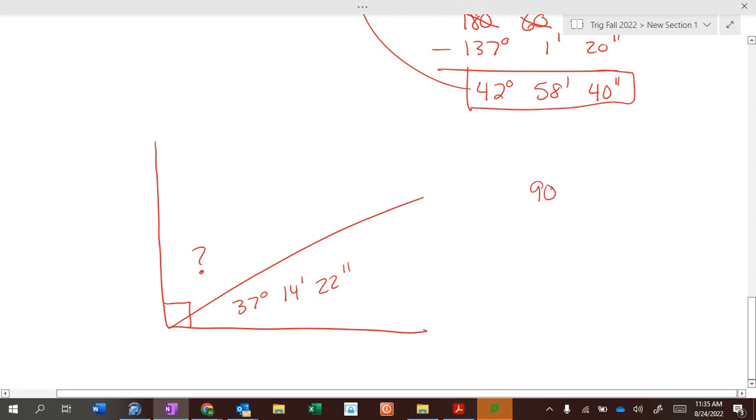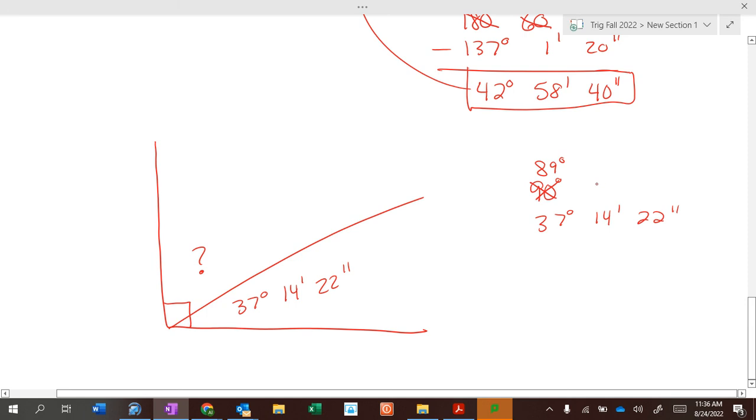So we take 90 degrees, and we're going to subtract 37 degrees, 14 minutes, 22 seconds. Well, can I subtract 22 from anything? No, so I have to borrow. So instead of 90, it'll be 89 degrees.